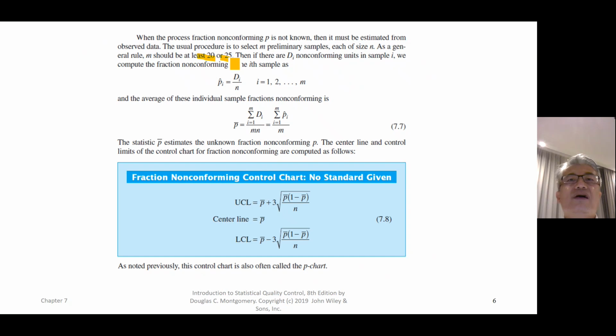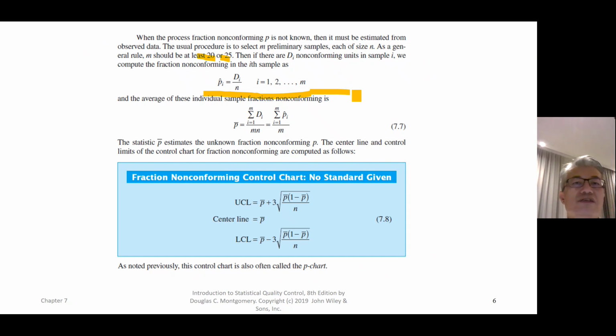If there are Di non-conforming units found in sample i, we compute the fraction non-conforming in the i-th sample as P i hat equal to Di divided by n, with i from 1, 2, 3 until m.